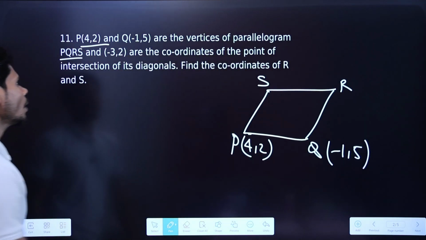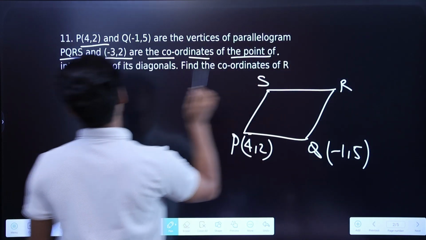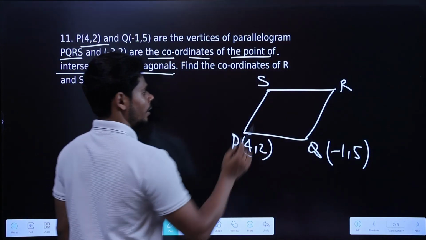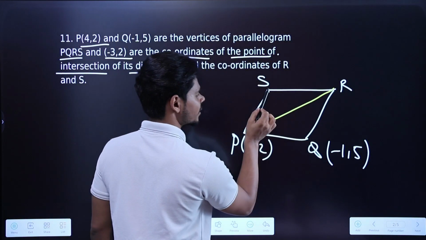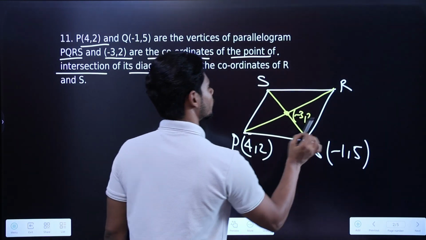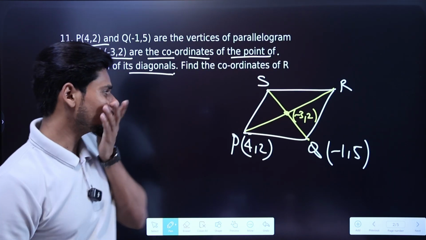Now minus 3, 2 are the coordinates of the intersection of the diagonals. It means if this is the diagonal and this is the diagonal, this is the midpoint, which is minus 3, 2.